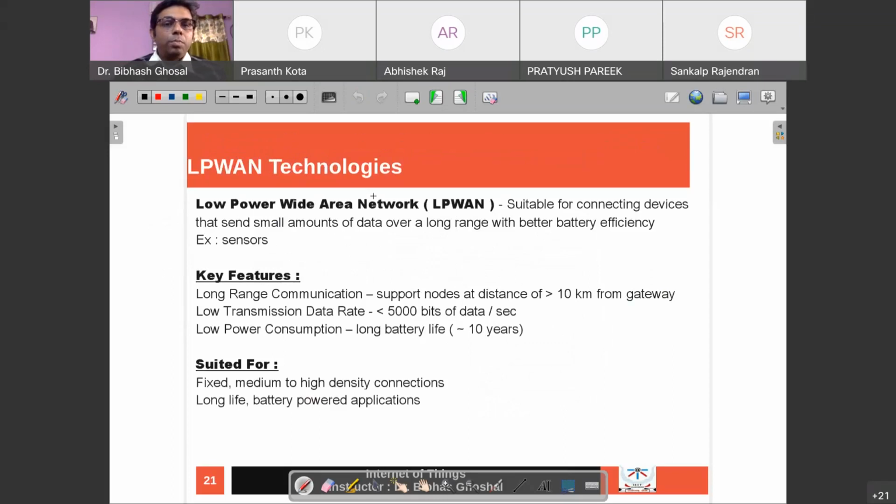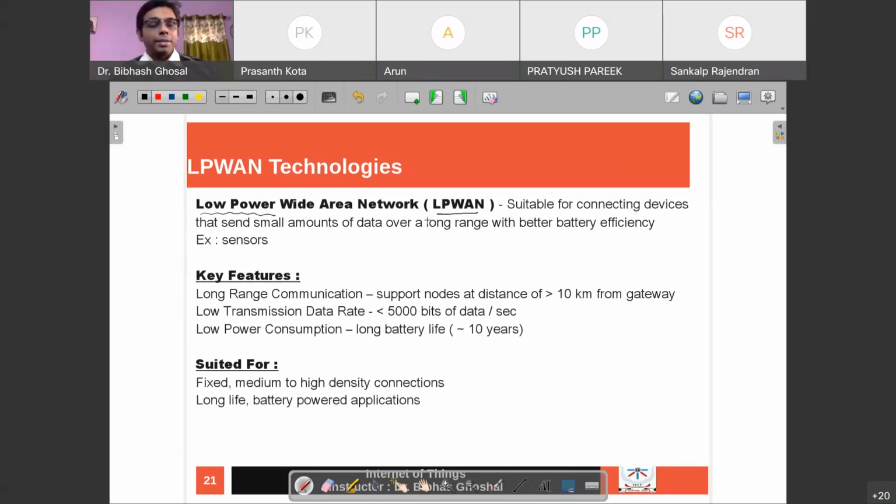There are quite a few low power wide area network technologies that have been in use, and this is the one that is the focus of all IoT networks.